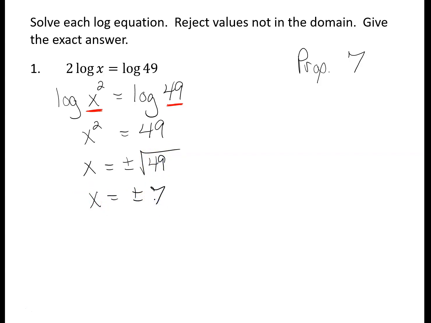So it'll be plus or minus 7. I'm going to go ahead and separate those. 7 and negative 7. Because we need to check each one separately. So let's start with the 7. If I put 7 back in here for x, certainly log of 7, we're taking the log of a positive number. So that's good. But if I put negative 7 in there, I can't take log of negative 7. So we're going to mark that one out. So only answer is positive 7.